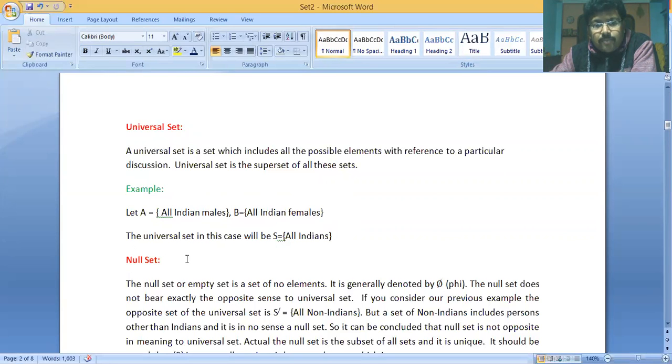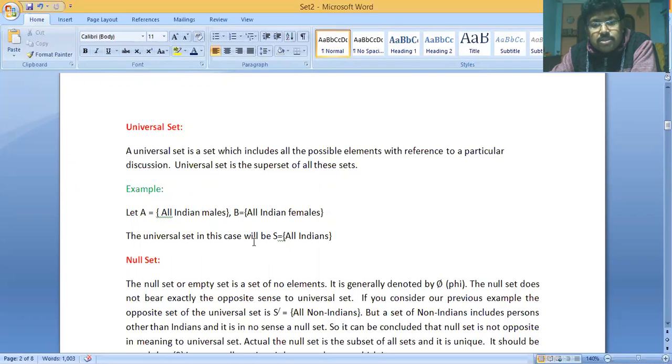So what I have mentioned is that a universal set is a set which includes all the possible elements with reference to a particular discussion. Here the particular discussion is the number of males and females in the country of India.